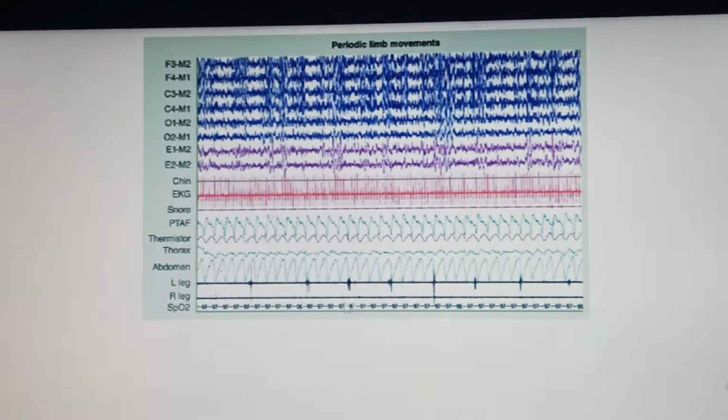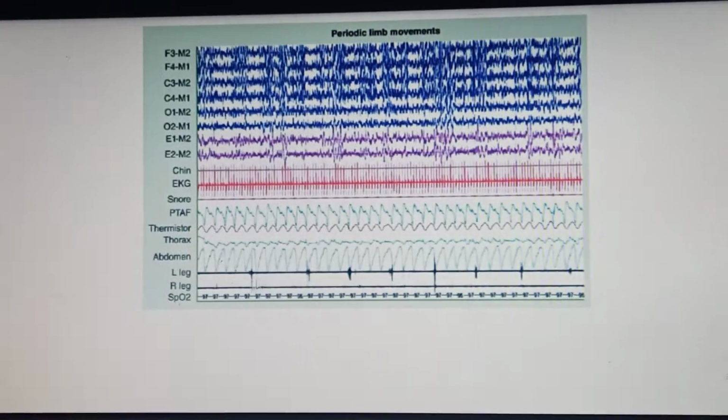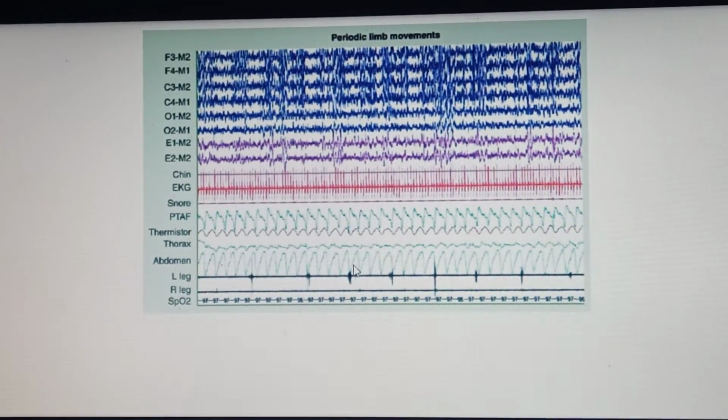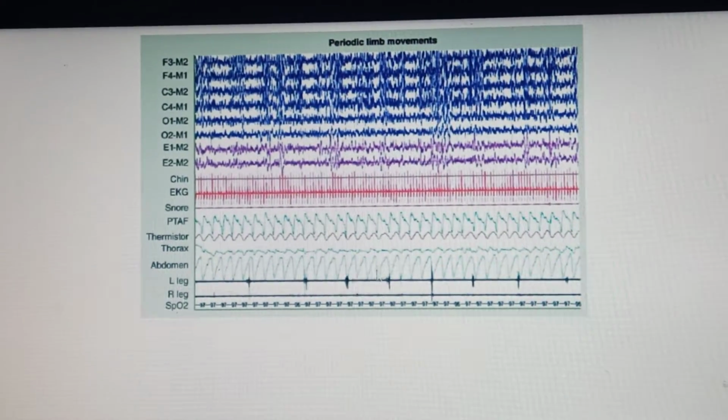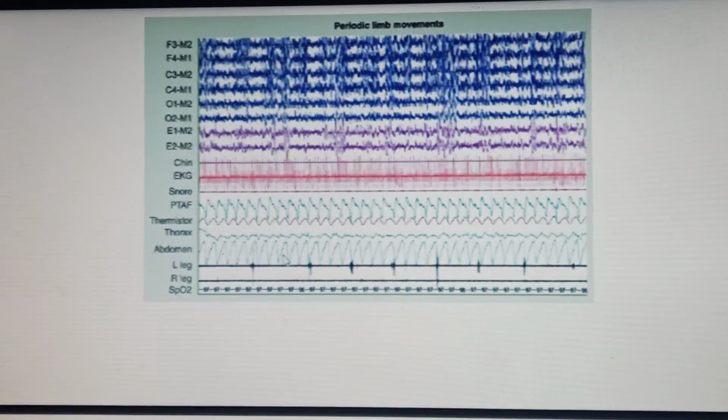Leg movement, periodic leg movements, PLMS. Periodic leg movements in sleep, this is a disorder.